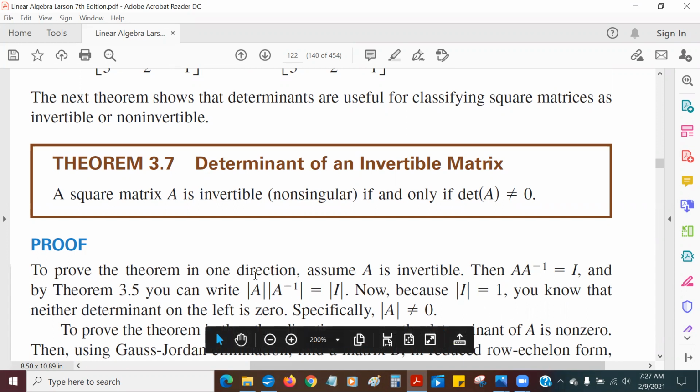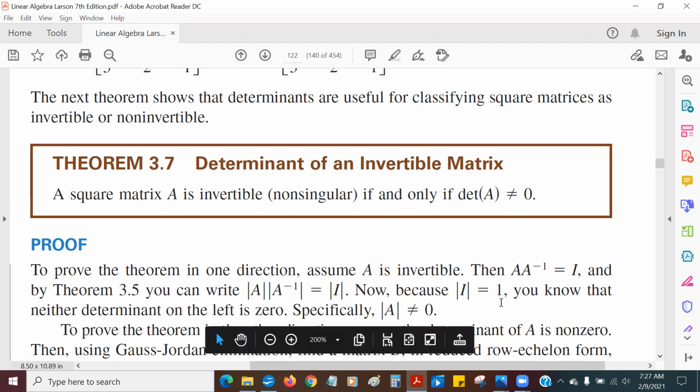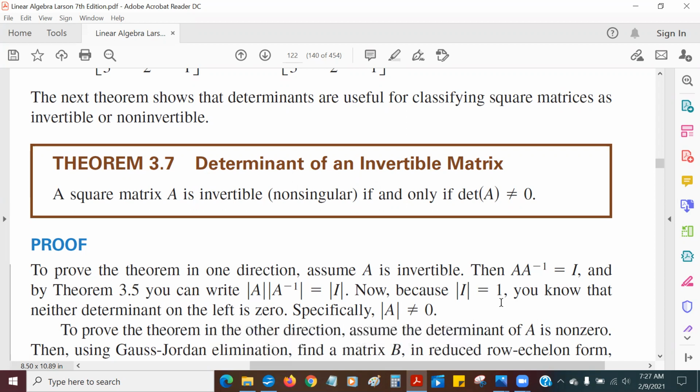Now, the determinant, as you know, is just a number. So if I'm multiplying one number by another number and my result is 1, then it's impossible for either of these numbers to equal 0. It reminds me a little bit of what we do when we factor polynomials and set each factor equal to 0.